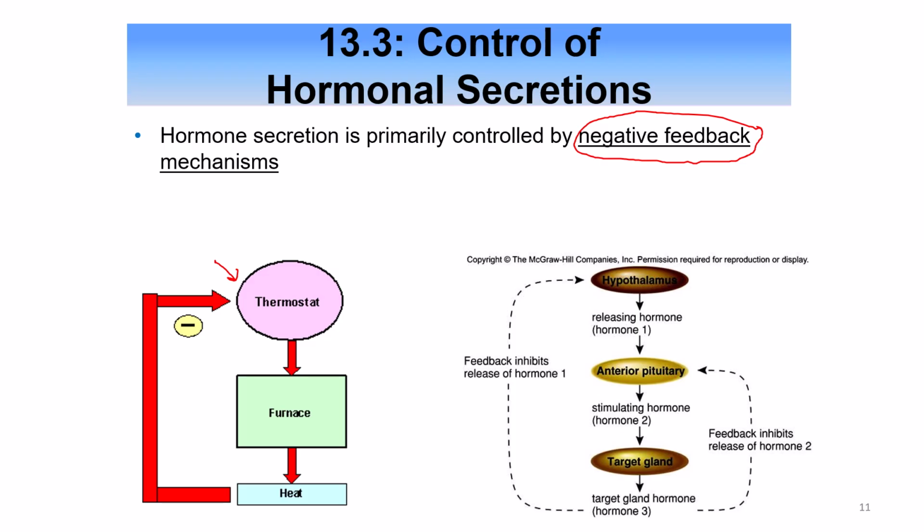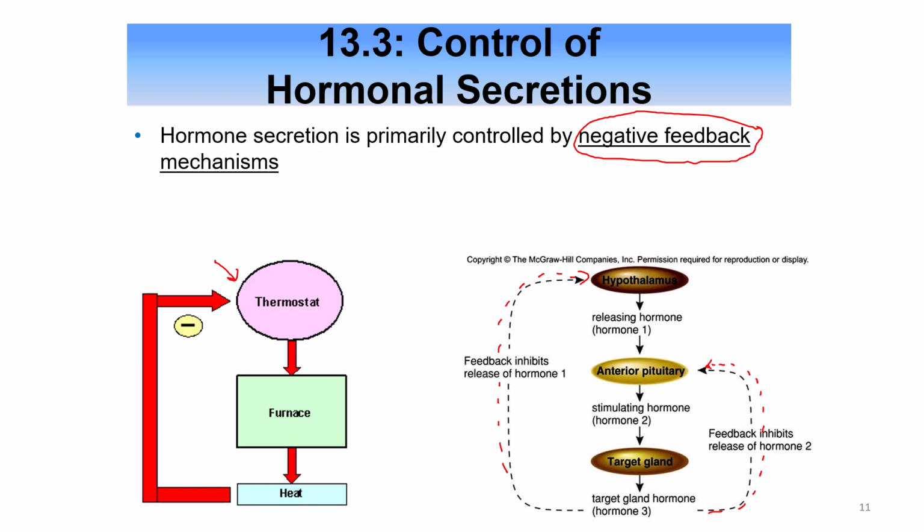So what this is saying on the right side is that too much of a hormone can then go, and that's what this dotted line is supposed to represent. Here, the hormone inhibits the gland that helps to release the hormone. We're going to see this with the hormones that we're going to talk about.